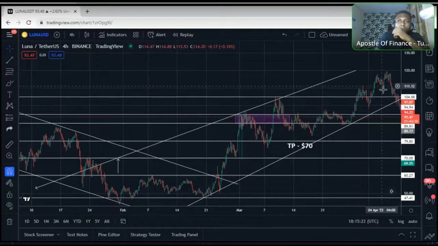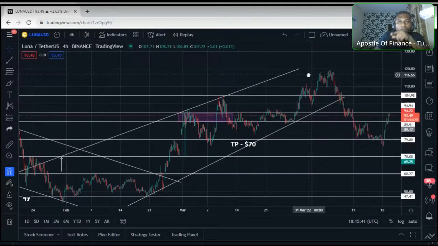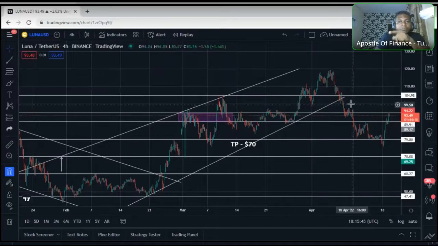Now my thought is that price might come to do the same thing here, touch this same line or move close to it and pump up again. All right, also price could actually break out of this region. Now out of the two outlooks that I have towards this trade, price finally broke out of this region.